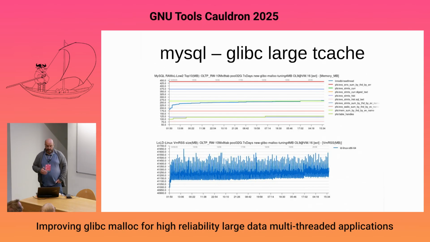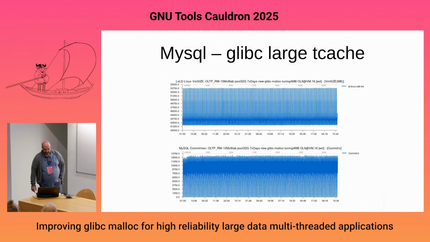So the result, they were quite happy with the results, and they are looking forward to more improvements in glibc in order to actually replace tcmalloc with the default allocator in glibc. The next slide is the performance. As you see, in the previous slide we had around 11,000 commits per second in the best case.